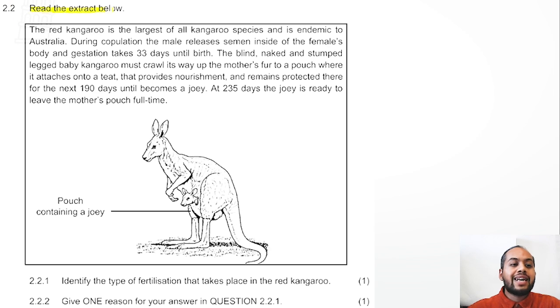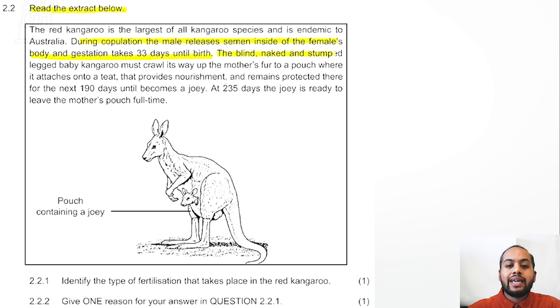2.2, read the extract below. The red kangaroo is the largest of all kangaroo species and is endemic to Australia. During copulation, the male releases semen inside of the female's body and gestation takes 33 days until birth.